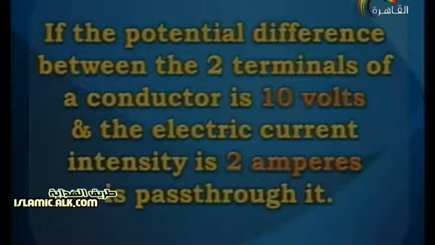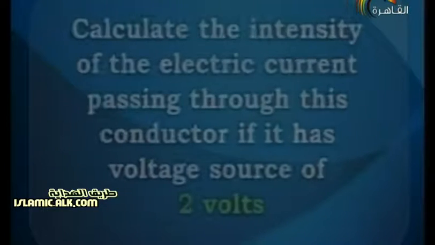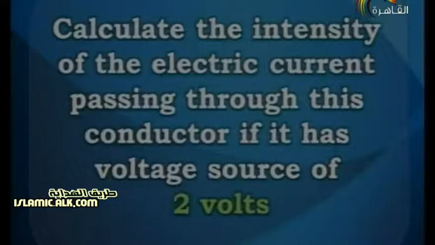Let's go to see another problem here. If the potential difference between the 2 terminals of the conductor is 10 volts and the electric current intensity is 2 amperes passing through it, calculate the intensity of the electric current passing through the conductor if its voltage is 2 volts. What happens here?